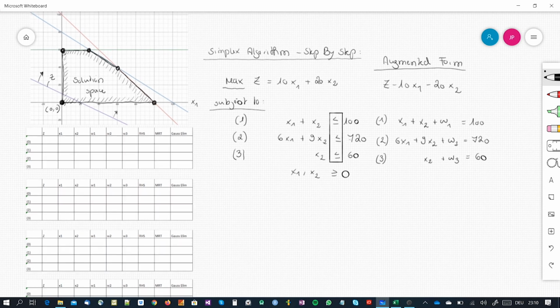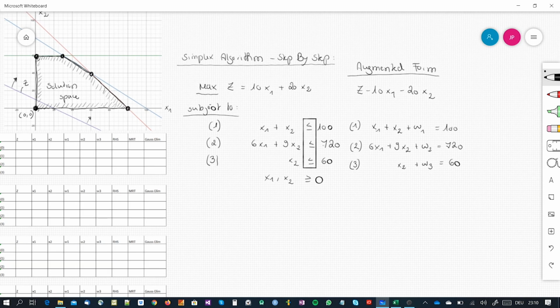Now I want, for the steps of the simplex algorithm, to introduce something that is useful to understand what we are doing. For that purpose, I put the slack variables on the left-hand side of the equation and every other term on the right-hand side.